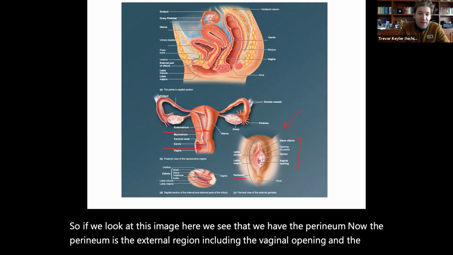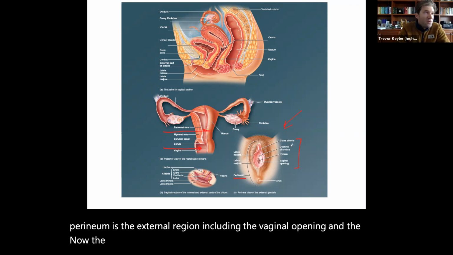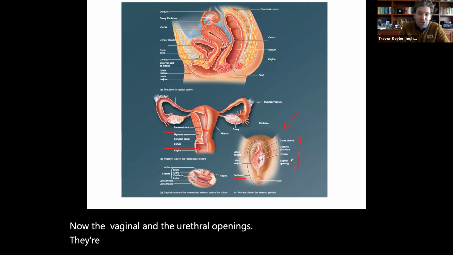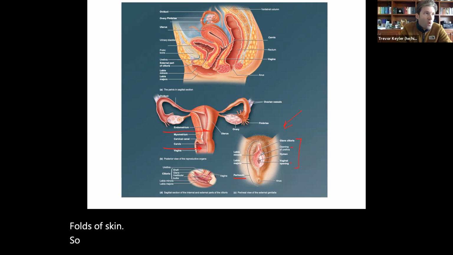Now the vaginal and the urethral openings are surrounded by two folds of skin. Okay. So we have the labia minora, the innermost folds, and then the outer, the labia majora.